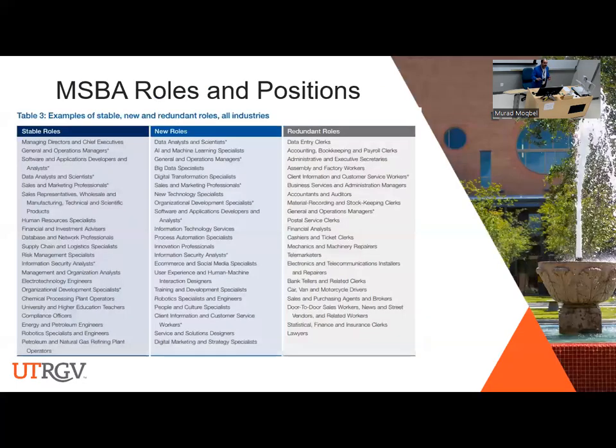Some examples of the new roles introduced by those organizations include data analyst, data scientist, AI specialist or artificial intelligence specialist, machine learning specialist, and big data specialist, just to name some of the new roles that have been introduced in the market nowadays.